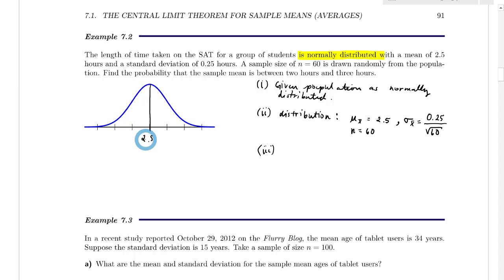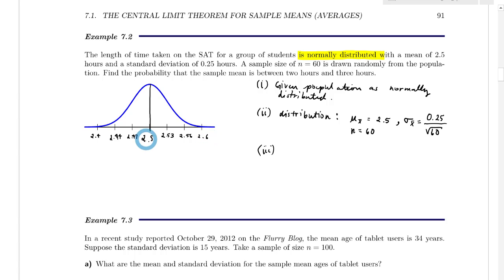So if I go over here, I'll see that the mean here is 2.5. And the tick marks, if I wanted to draw them, I did ahead of time: 2.4, 2.44, 2.47, and on the right side 2.53, 2.56, and then 2.6.